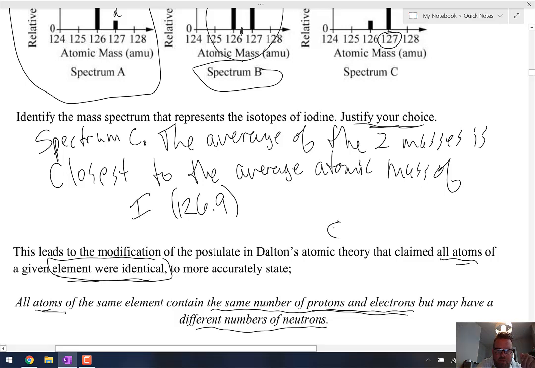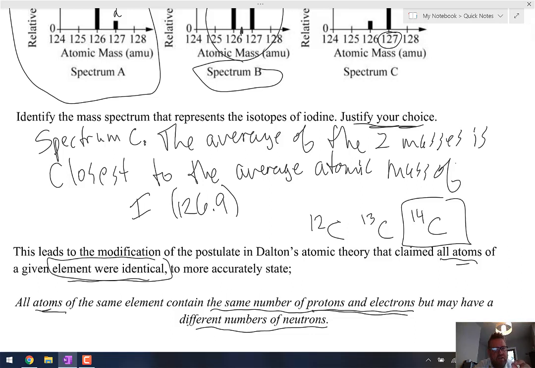Okay, carbon's the same way. The most common isotope of carbon is carbon-12, but there's also a small amount of carbon-13, and the way they determine how old bones are is they use carbon-14. So most carbon has 6 neutrons, but a small amount has 7 neutrons, and an even smaller amount has 8 neutrons.